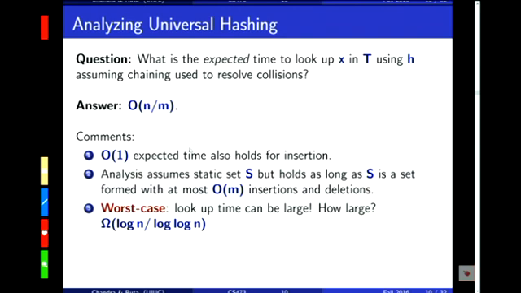But remember, even in the balls and bins case, we saw that the worst expected time, that is the expected maximum bin size, is log n over log log n. And the same analysis follows here.